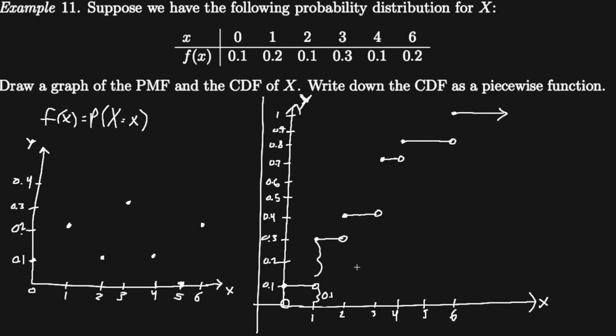Now we can see that's an increase of 0.1, that's an increase of 0.2, that's an increase of 0.1, an increase of 0.3, an increase of 0.1, and an increase of 0.2.